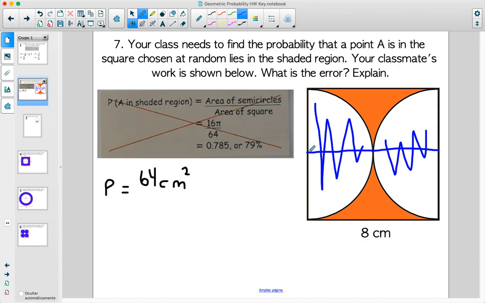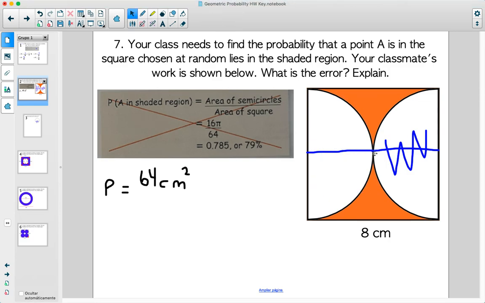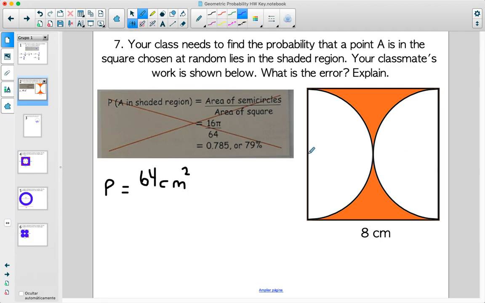I'm going to remove the blue just so it does not confuse you. If we think about it separately, the radius is 4 because it's half of the diameter, right?